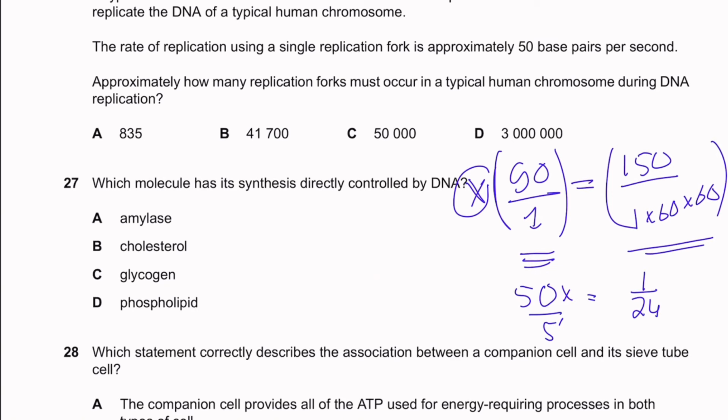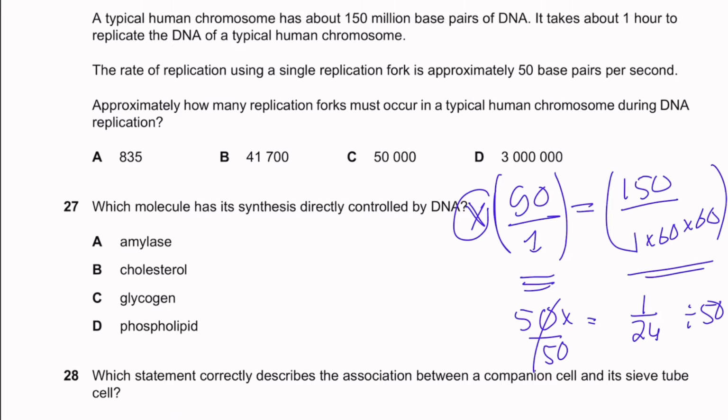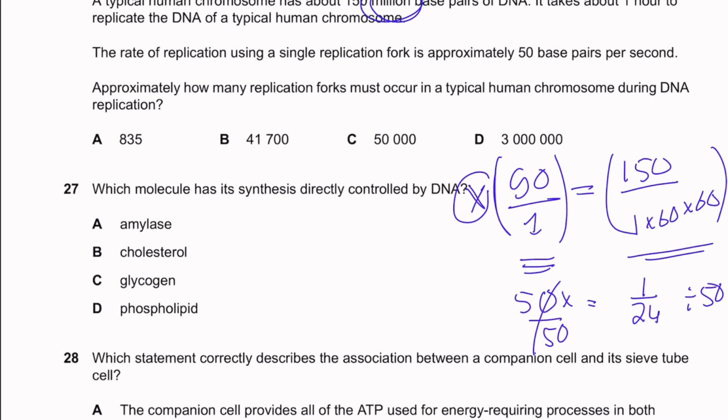If you divide by 50 on either side, you will get x equals 1 over 24 divided by 50, which will be 8.33. Now this, ladies and gentlemen, is wrong because we forgot this is a million situation, so you multiply here by a million.